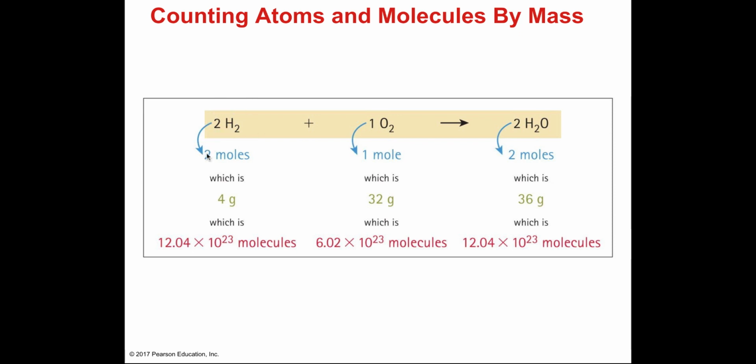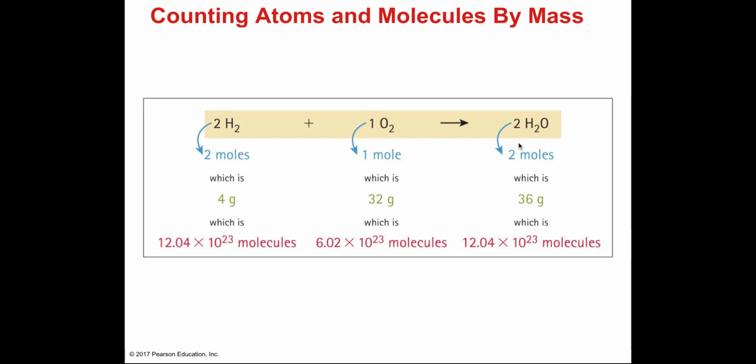Since there are 4 hydrogens times 1, which is the mass of 1 hydrogen, we say this hydrogen has a mass of 4 grams. And here, one oxygen atom is 16. Because there are 2 oxygen atoms, the mass of this oxygen molecule is going to be 32 grams.